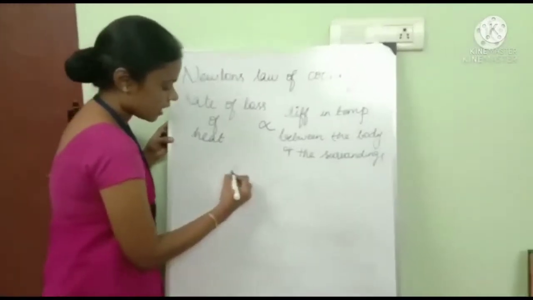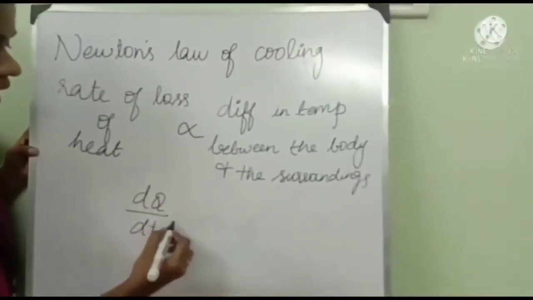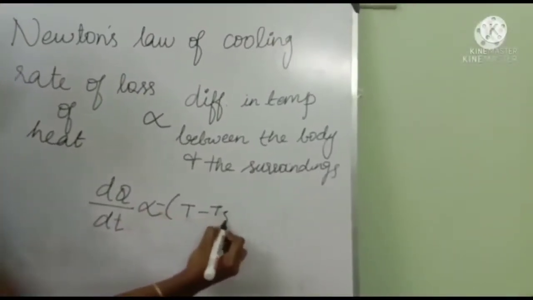This can be written as dQ by dt is proportional to minus of (T minus Ts).